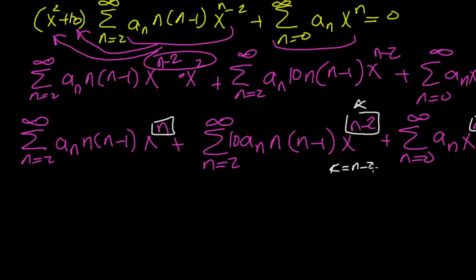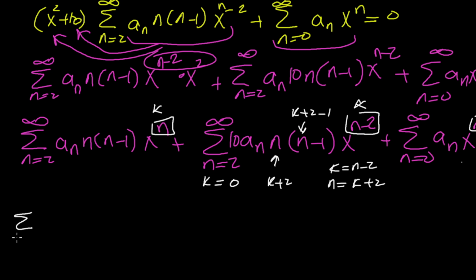So k is n minus 2, which makes n to be k plus 2. So if n is equal to 2, then k will start from 0 there, right? And this will be k plus 2, and this will be k plus 2 minus 1, alright? And these we can just say k. We can just put k for n and k for a. All right.